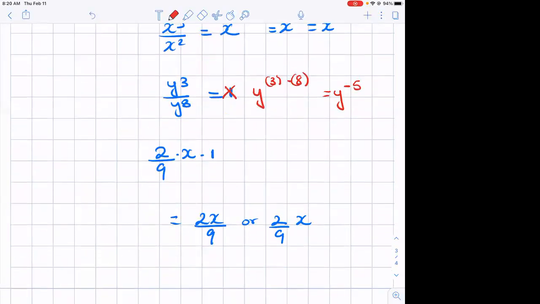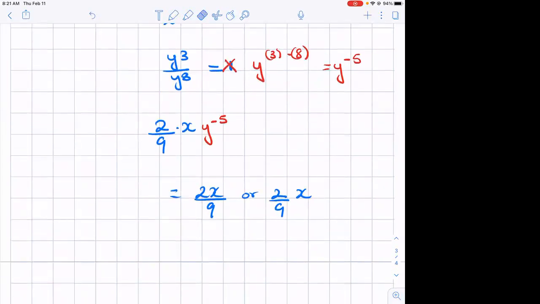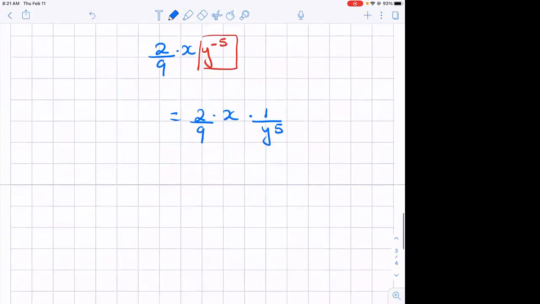Now remember, y to the minus 5th can be rewritten. So we have 2 over 9 times x times 1 over y to the positive 5. And if we multiply this out, we have 2x over 9y to the 5th.